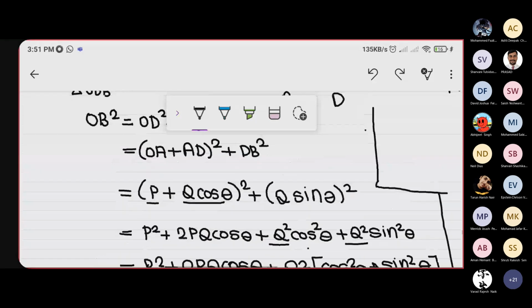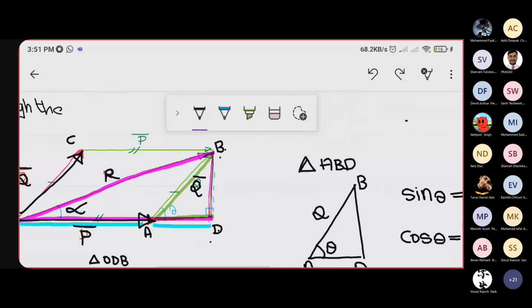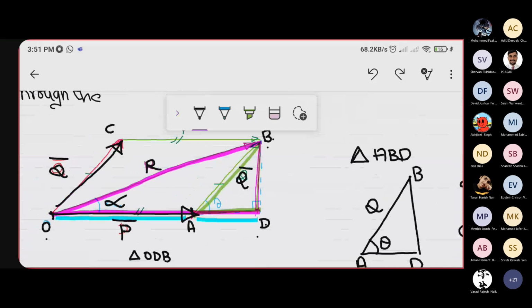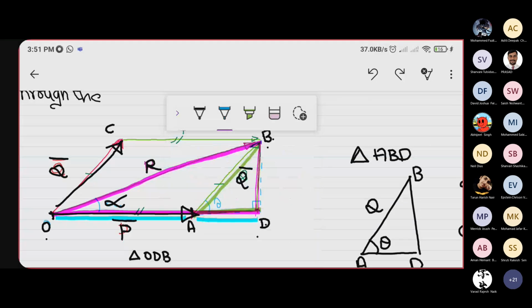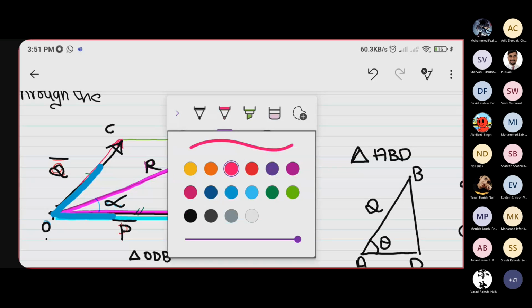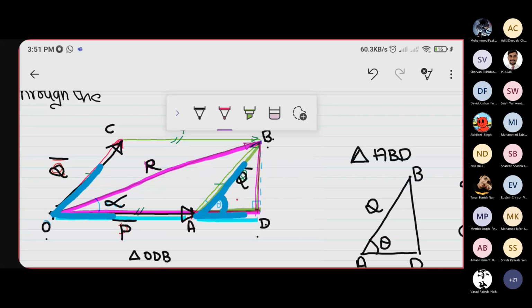That you should understand. Now see, this is the Q force and this is the P force, and this is horizontal. So this angle is theta, right?